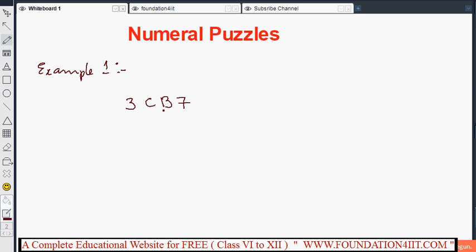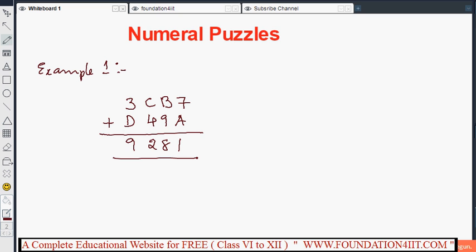In the place of C and B, we need to find the numbers. Plus D, 4, 9, and A. So finally A, B, C, D: there are 4 letters, so 4 numbers we need to find out. The result is given in the question: 9,281. So the answer is 9,281.